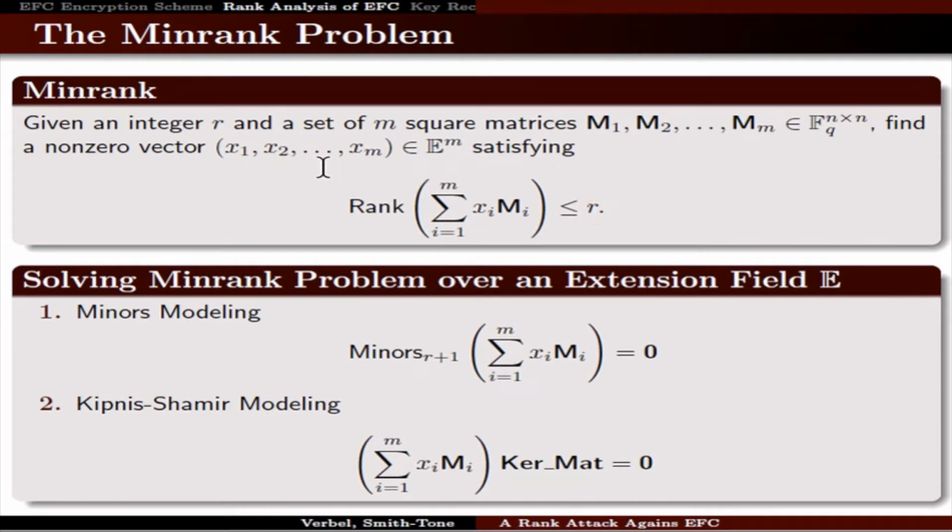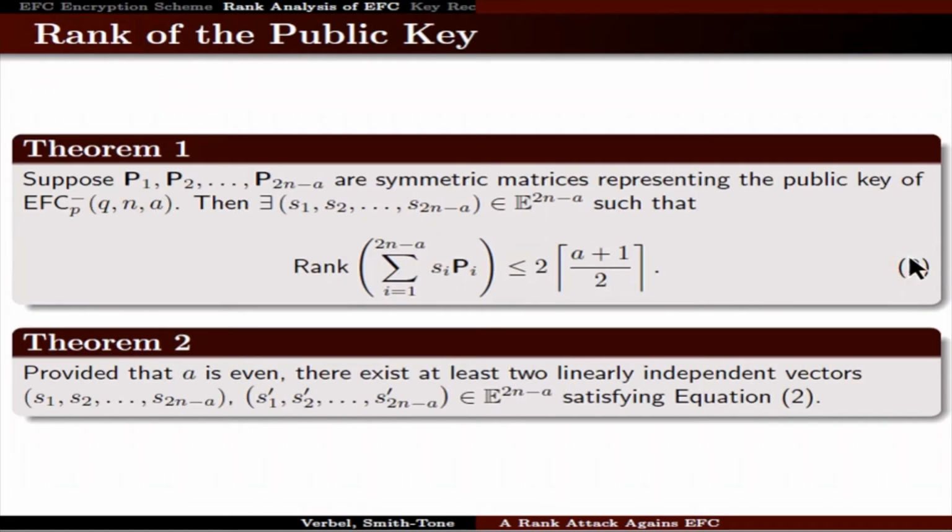So if we look back, what this theorem is saying is that the matrices representing the public key in extension field cancellation have a solution for the MinRank problem associated with this r.